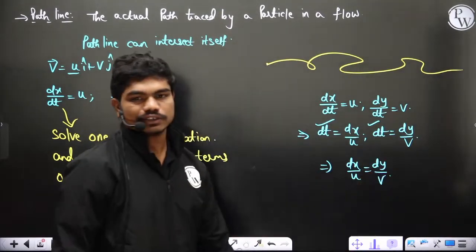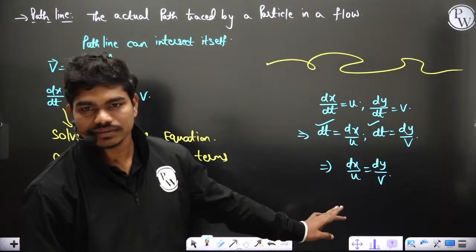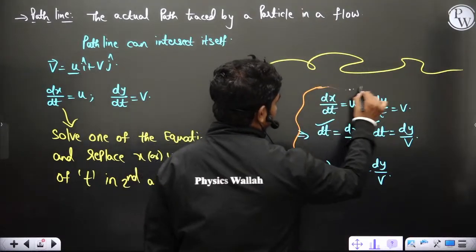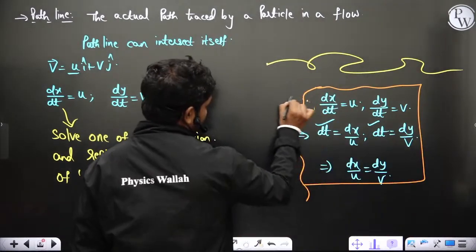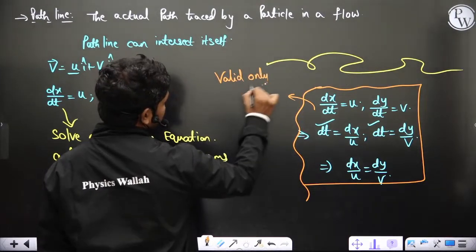So this is the equation of the path line. This is actually wrong. You can do this only if the flow is steady. So this is valid only for steady flows.